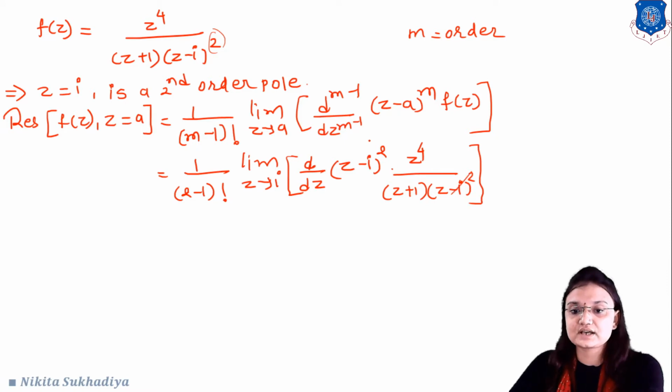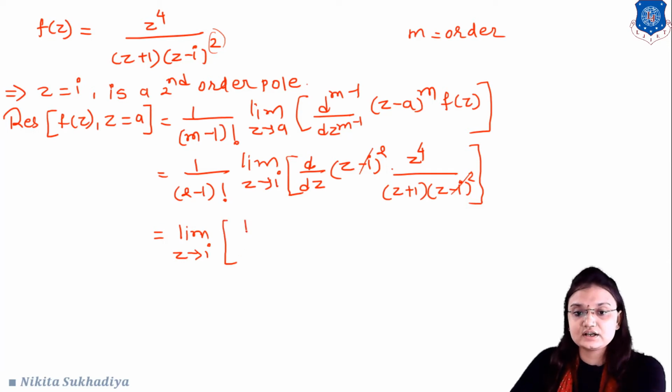The (z minus i) whole square terms cancel out. 2 minus 1 is 1, and 1 factorial is 1. So here we have the limit as z tends to i of d by dz of z raised to 4 upon z plus 1.